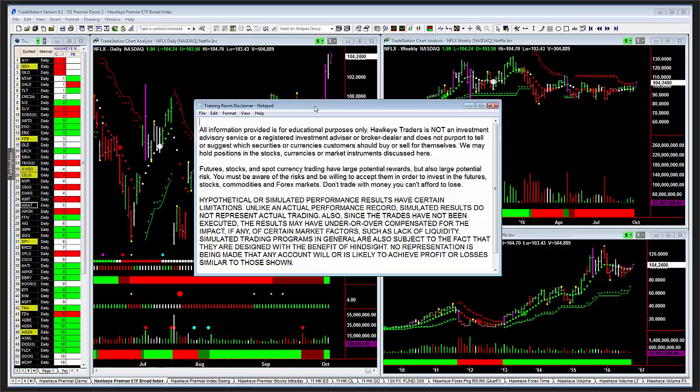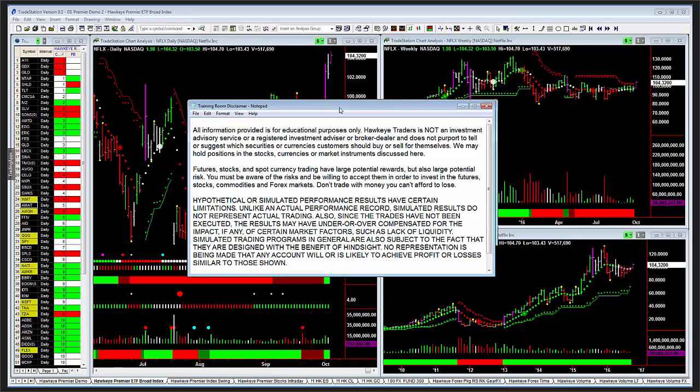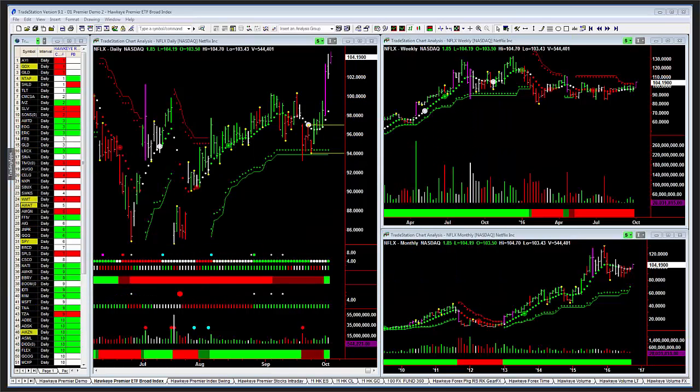There's a large potential for reward, but there's also a large potential for risk. Make sure you understand what those risks are, and please do not trade with money that you cannot afford to lose. And never, ever, ever trade in a live trading account with real money until you have first proven you can consistently and profitably trade in a simulated trading account using the rules that we developed together.